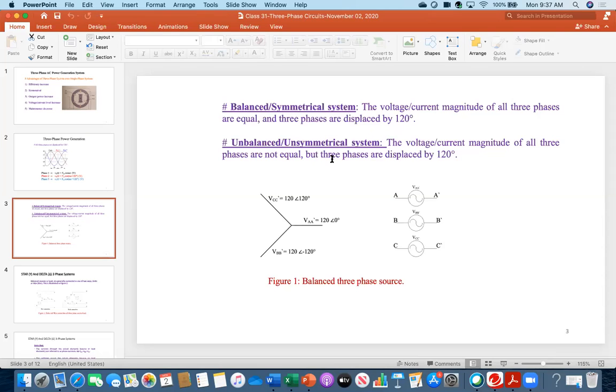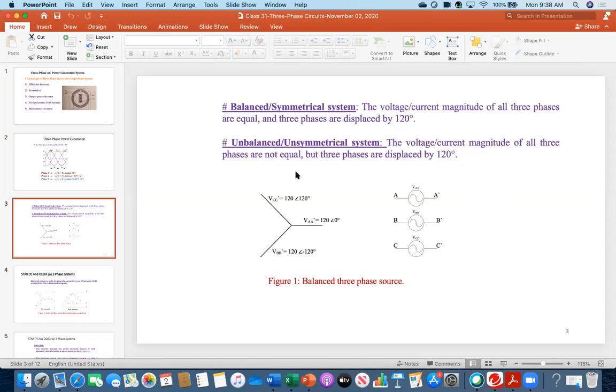Now, what is the unbalanced, unsymmetrical system? The voltage or current magnitudes are not equal, but the three phases are displaced by 120 degrees. Now, you are noticing that they are maintaining the 120 degree phase difference, but somehow, unfortunately, the three phase magnitude is not the same.